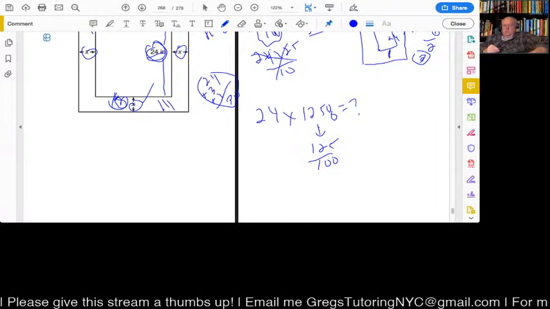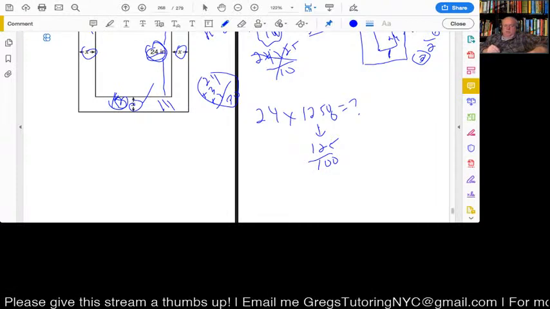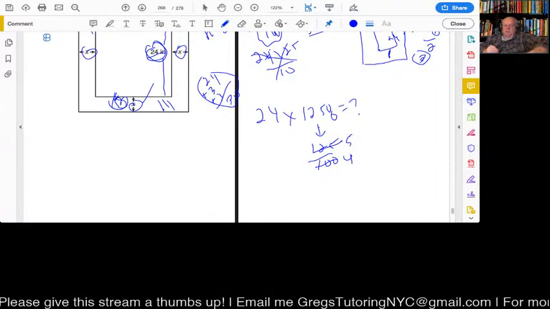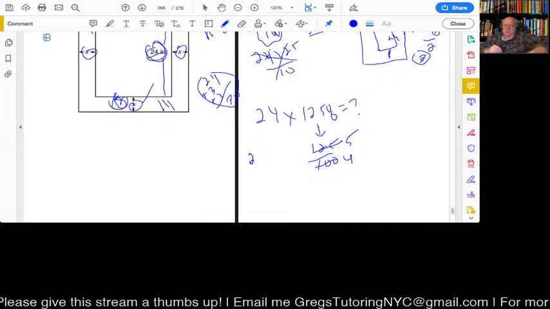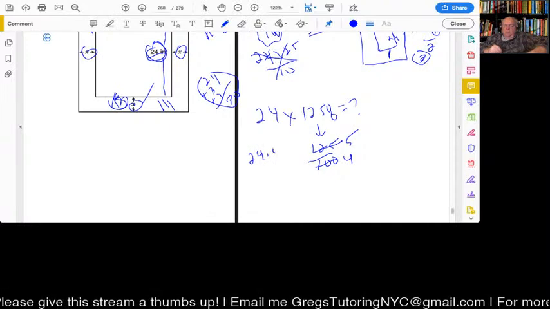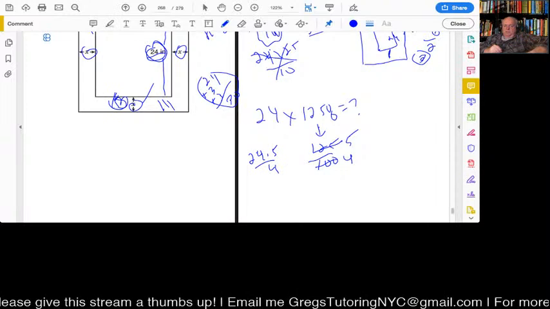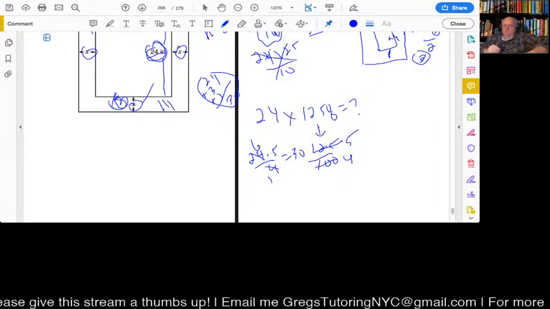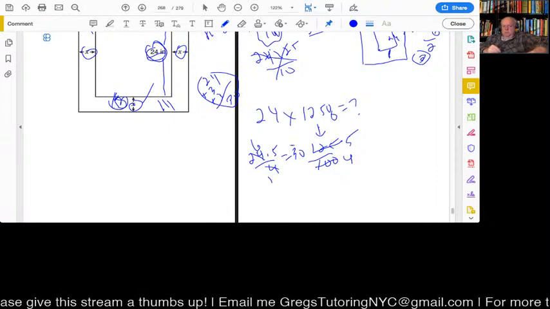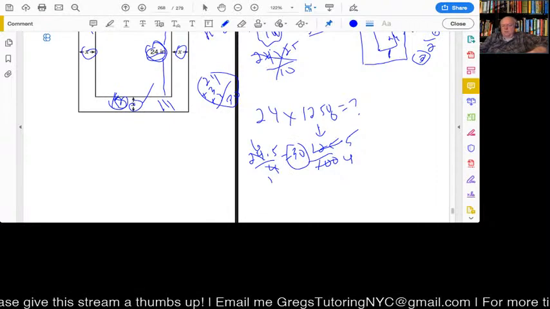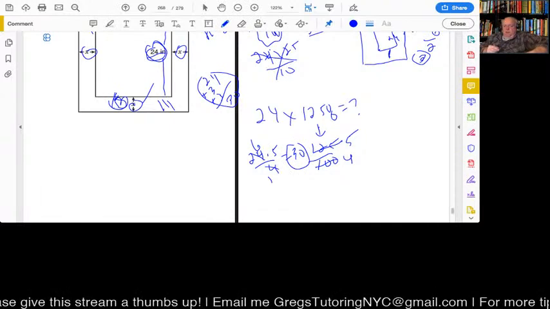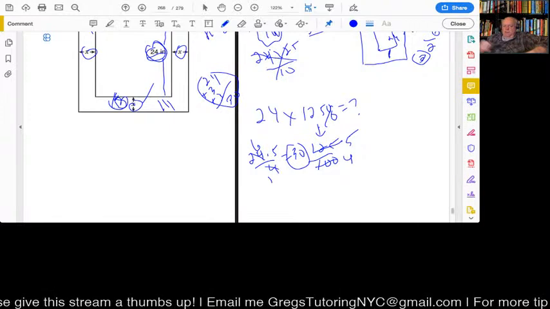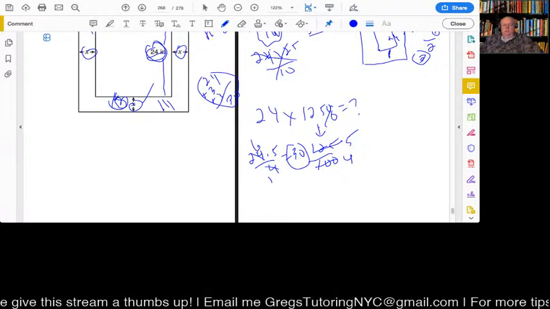We could also simplify this. 25 goes into here 4 times. 25 goes into there 5 times. So we basically have 24 times 5 over 4. 4 goes into that once, goes into here 6 times. So we can do it avoiding the complicating. So we still get 30, and then how do we do this, right? And I avoided actually doing the complicated math just by doing cancel outs here. So that's always cool.